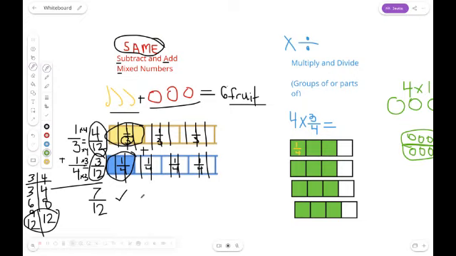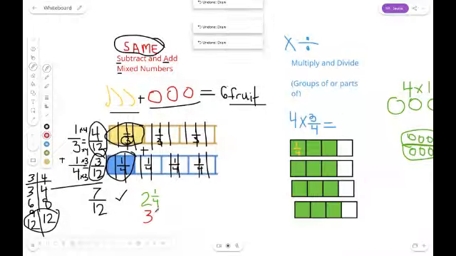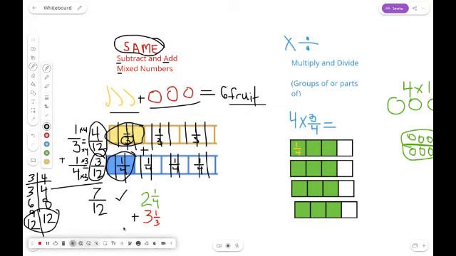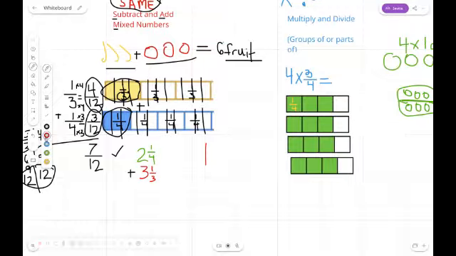So if I was adding 2 and a fourth plus 3 and a third, and I was actually adding, which means put together, if I was adding them together, figuring out how many all together, there we go, trying to get my screen to move up.